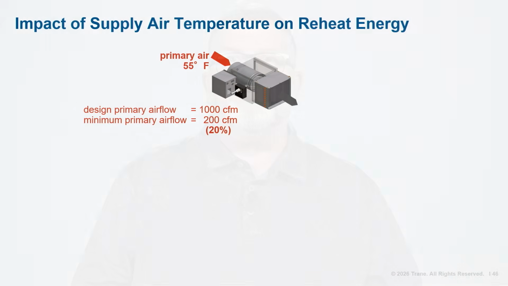Let's look at the reheat issue a bit deeper. Here's a VAV box used in a conventional 55-degree supply air system. Design primary airflow for the zone is 1,000 CFM, and the minimum primary airflow setting is 200 CFM, or 20% of design.